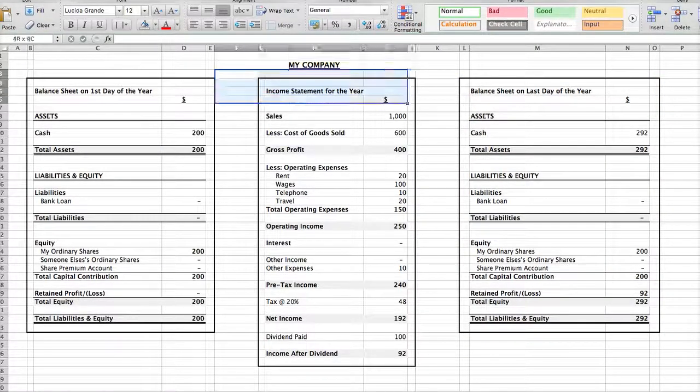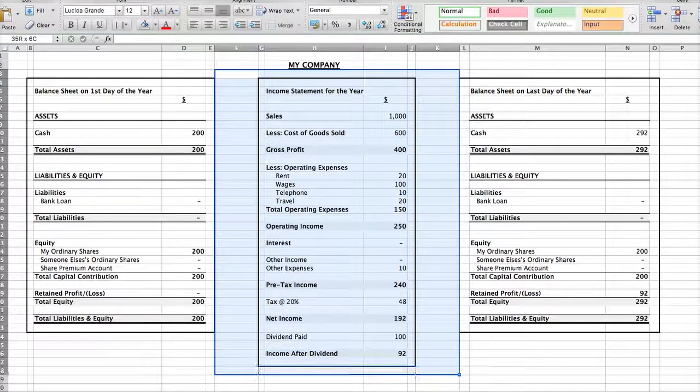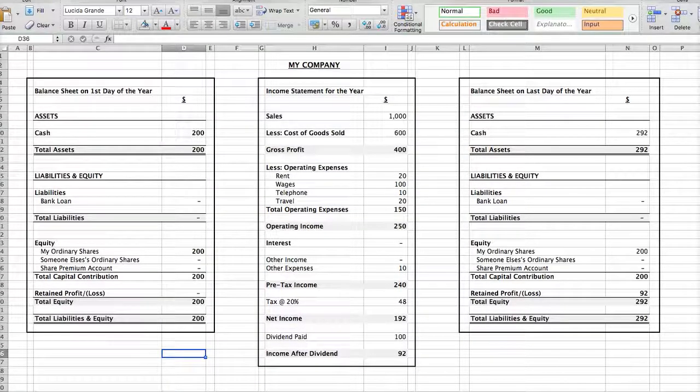In the middle, we have something called an income statement, or if you grew up somewhere in the British Commonwealth, you'd probably refer to this as a profit and loss account. So let's talk about the differences between the two.